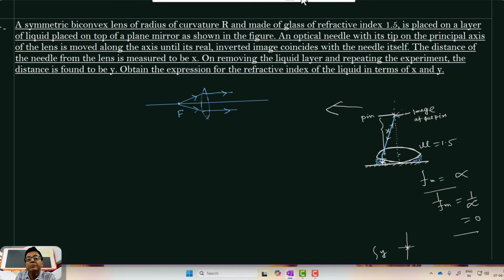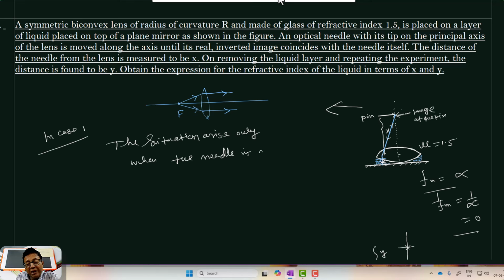Focus of which lens? In the first case, in case 1, the situation arises only when the object, the needle, is at the focus of the glass lens and liquid lens combination.